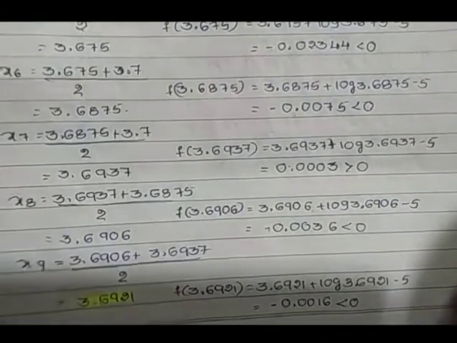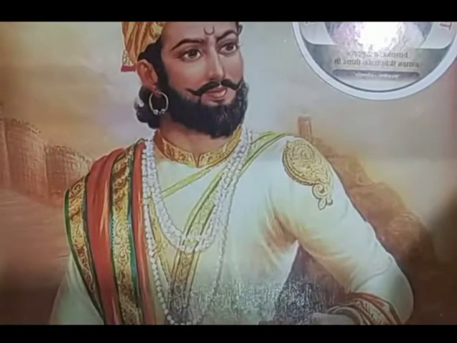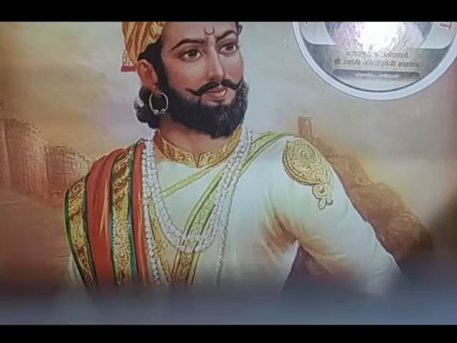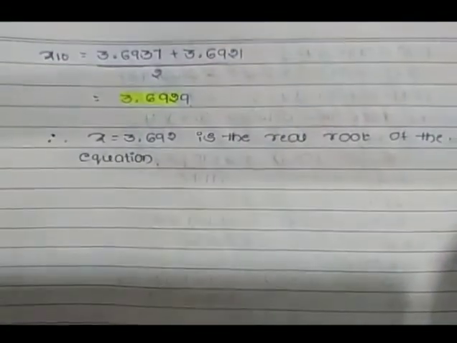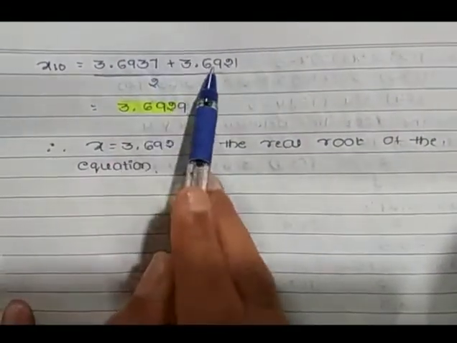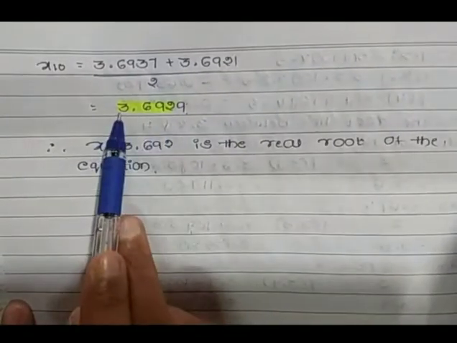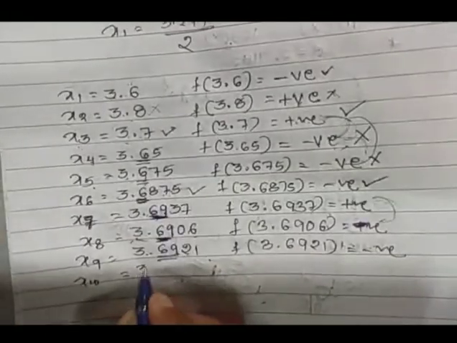Then we'll get here 10th approximation. 3.6937 plus 3.6921 divided by 2. After simplification, we'll get 3.6929.